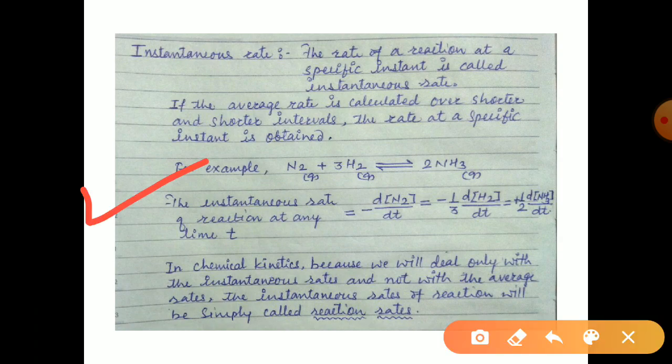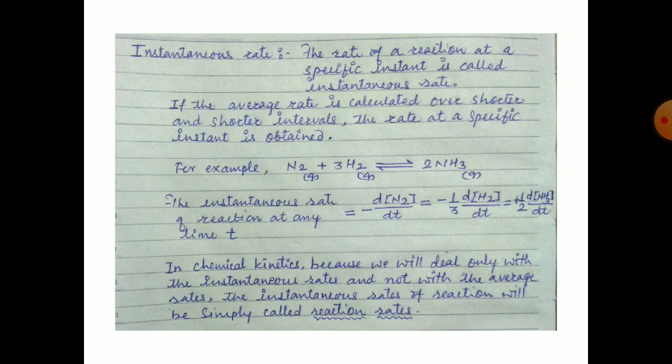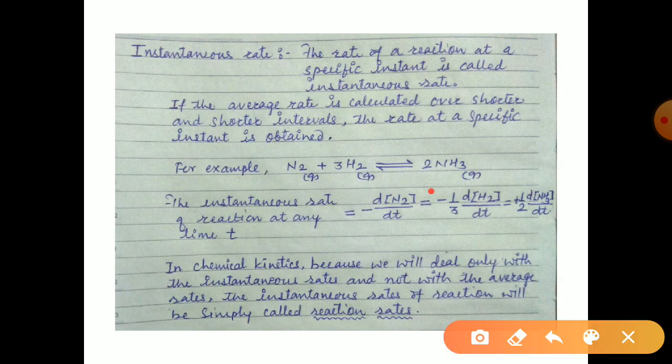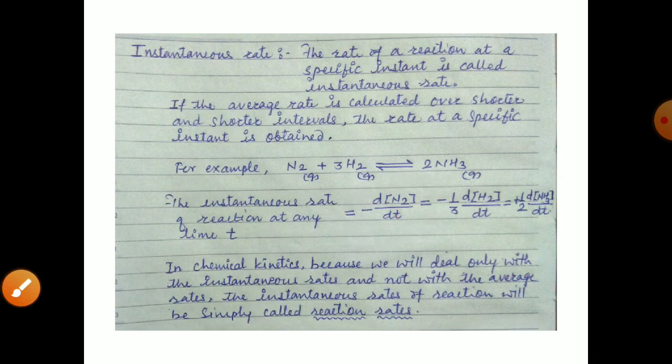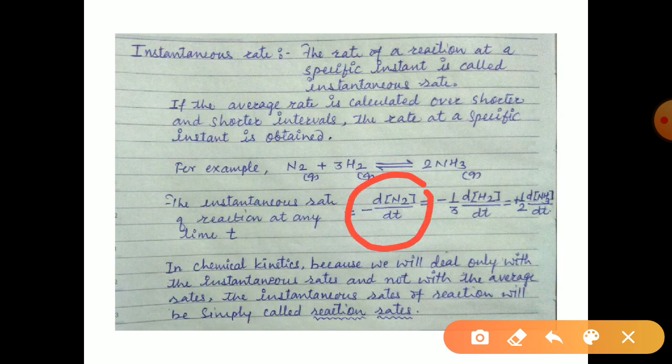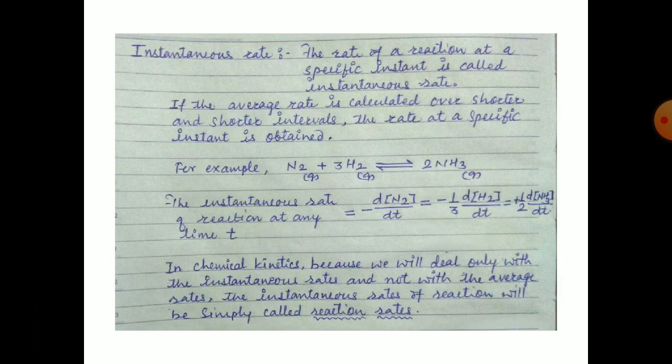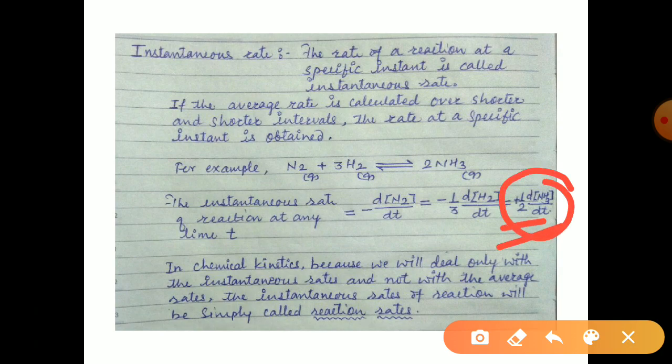The instantaneous rate at any time t can be written as the rate of disappearance of N2 in a very small time interval, where d indicates small change, equal to the rate of disappearance of H2 divided by 3 and the rate of formation of ammonia divided by 2.